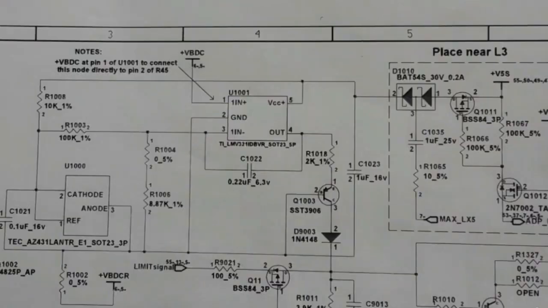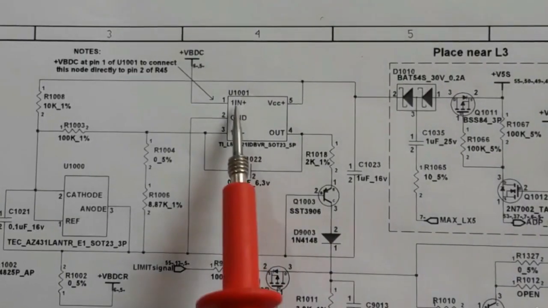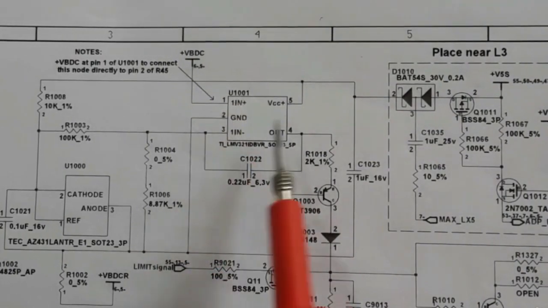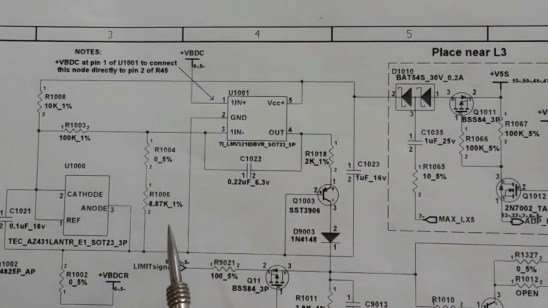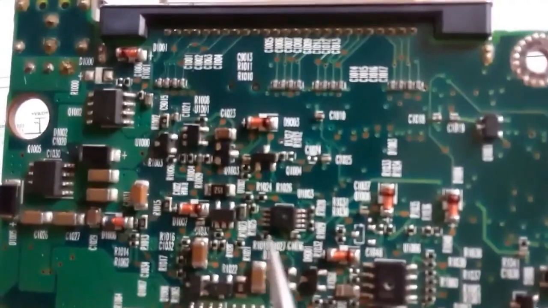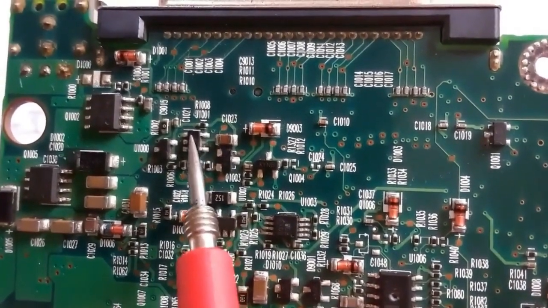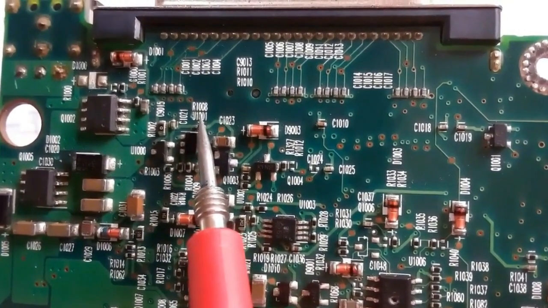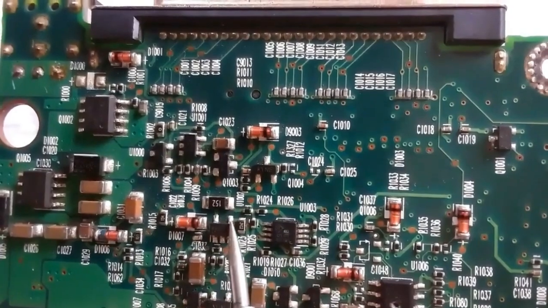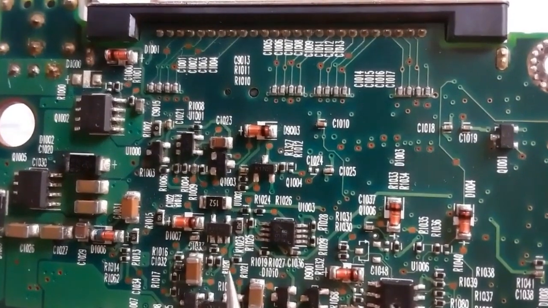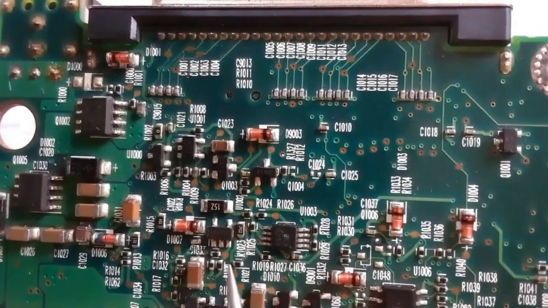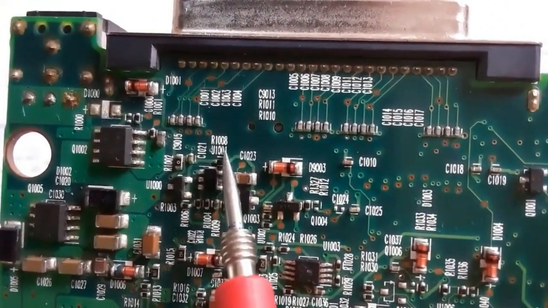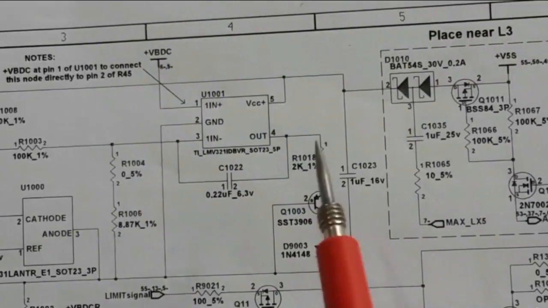Here we have another IC with 5 pins, with the same working principle as the IC we have seen. This is a voltage converter IC. We have U1001 with 5 pins, and the same here, U1002.